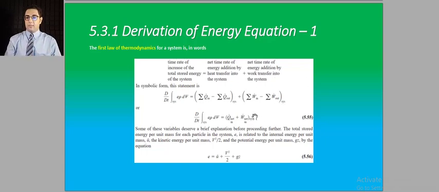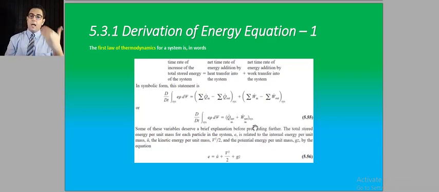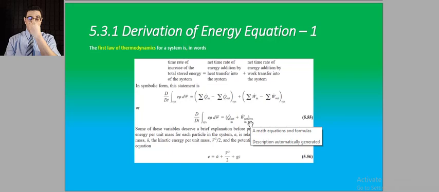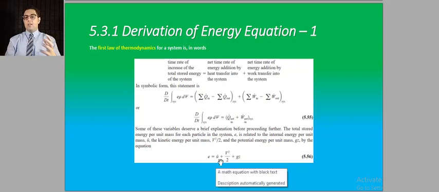Something like this. In equation 5.55, we have the net heat transfer into the system plus the net work transferred on the system. The energy itself has its own interpretation, which is the combination of internal energy, kinetic energy, as well as potential energy.